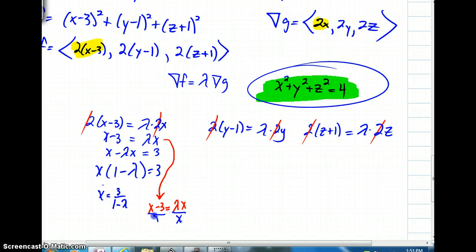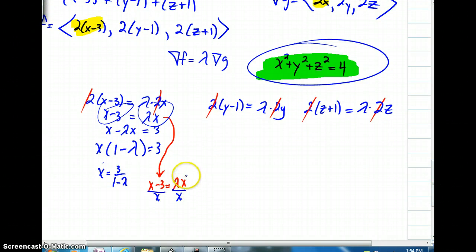And that's something that you don't want to do unless you know that x is not going to be 0. I do want to be very emphatic that you have to pay attention to that. But think about it. If x was equal to 0, this original equation just wouldn't be true. Lambda times 0 would equal -3, and that just isn't going to happen.